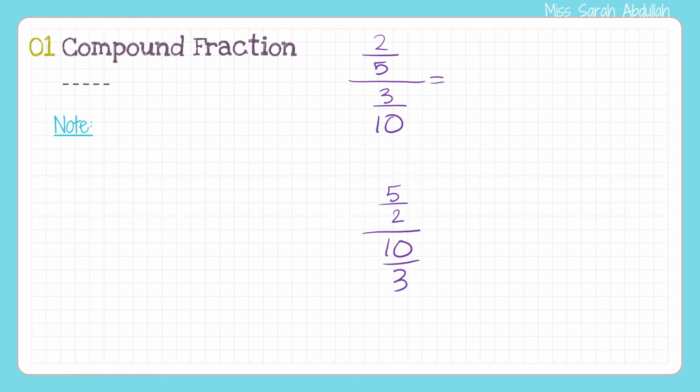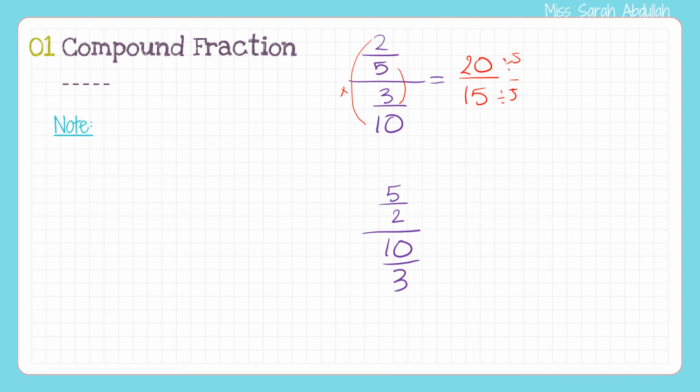So I can multiply the two numbers that are far. 2 times 10, it is 20 in the numerator. And 5 times 3, it is 15. Now I can simplify. Divided by 5, both of these become 4 over 3. By 5 and by 5.